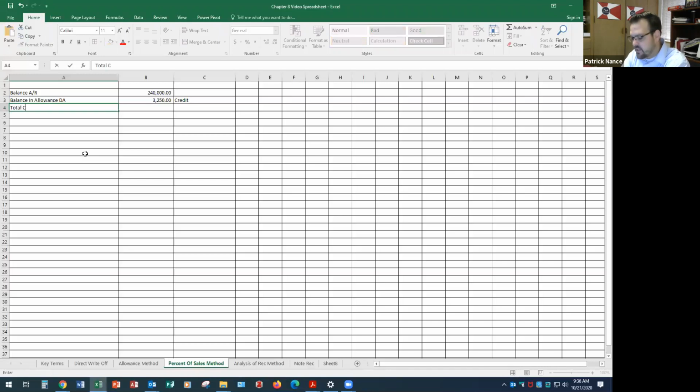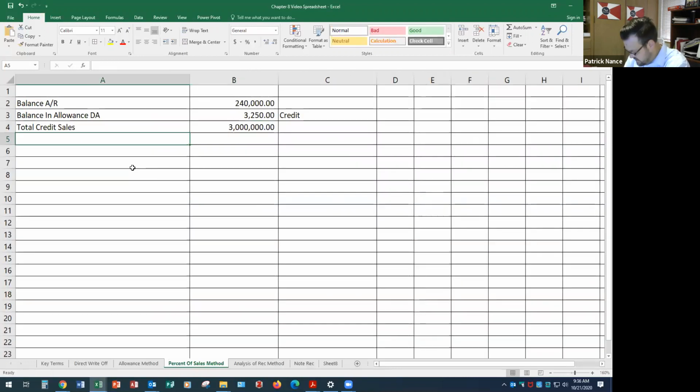Total credit sales for this company was $3 million. And the bad debt is their estimate as a percent of sales was 0.75%, which is weird that they type it out that way.